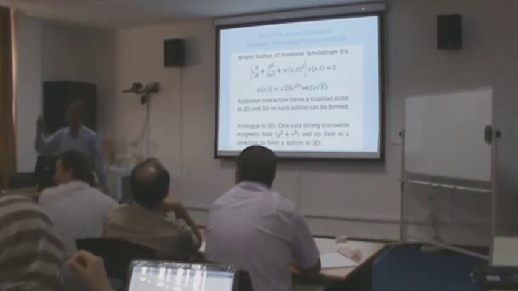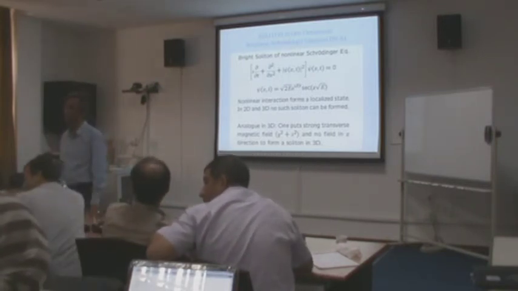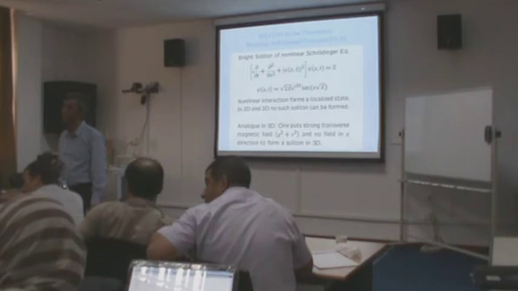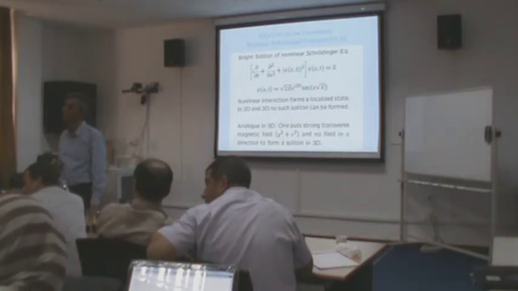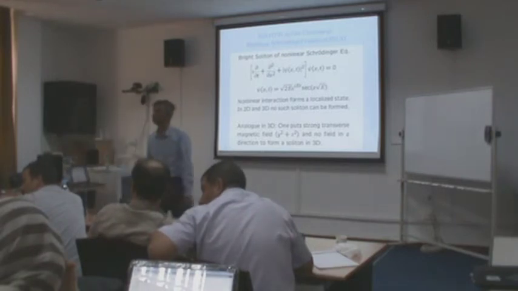If you do a simple Gaussian ansatz, you take the interaction energy, and the interaction energy in a dimension d goes with density, so it's 1 over length to the power d.